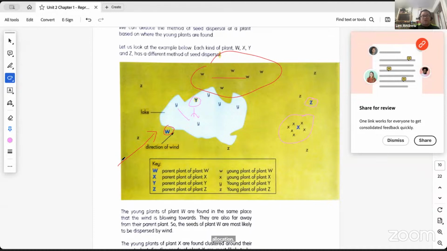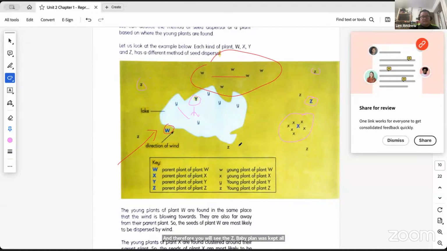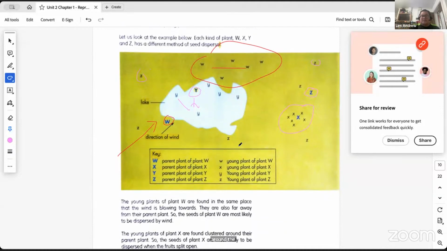Wind will always carry the seeds to a specific location based on the wind direction. Only animals can walk around north, south, east, west with no set direction, and therefore you see the Z baby plants scattered all around the map. This is how we differentiate and categorize them into their seed dispersal methods.